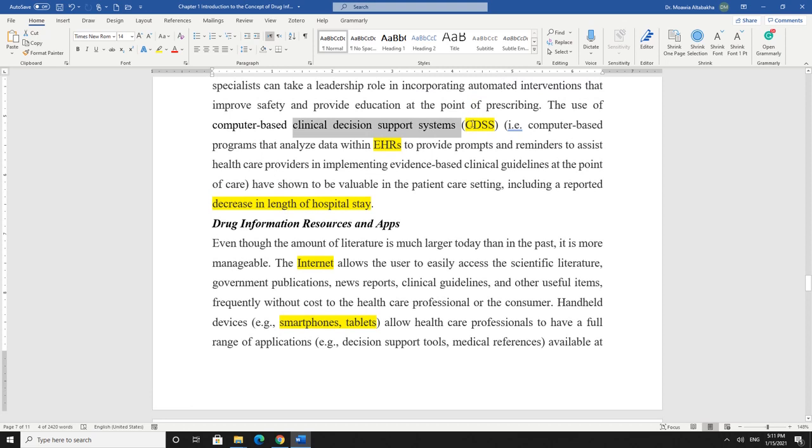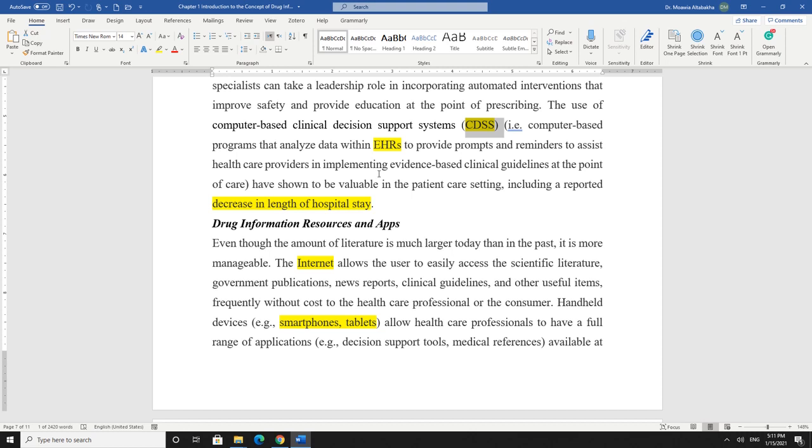Of course, the problem with the CDSS is that it gives you many alerts. It keeps sending you alerts. Okay, no, you cannot do that, you cannot do that, you cannot do that. Remind the patient, remind the patient.